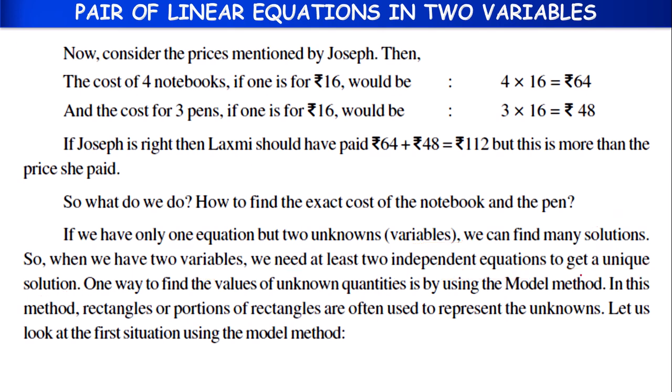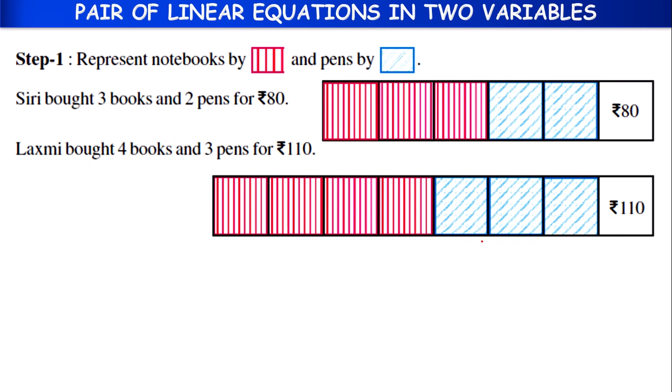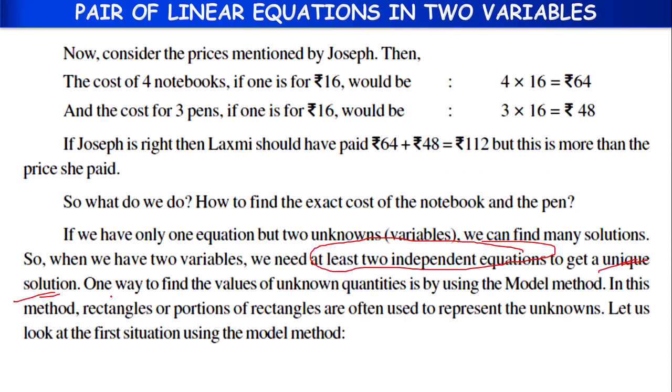So for finding the exact solution, we need at least two independent equations. One way to find the values of unknown quantities is by using the model method. Now we are making use of the model method, and we will apply this method to Siri's situation and Lakshmi's situation, and we will find the unique solution.